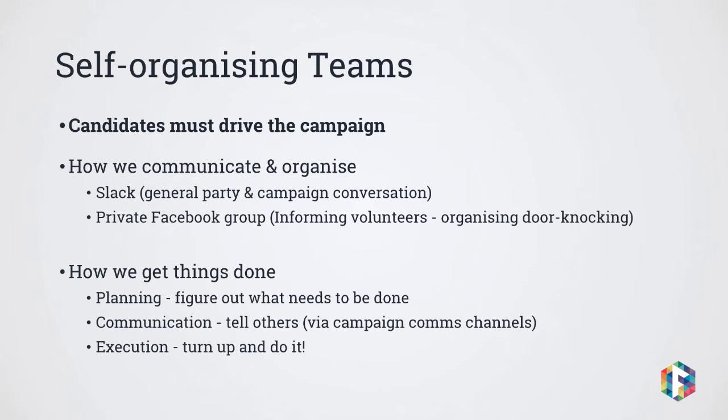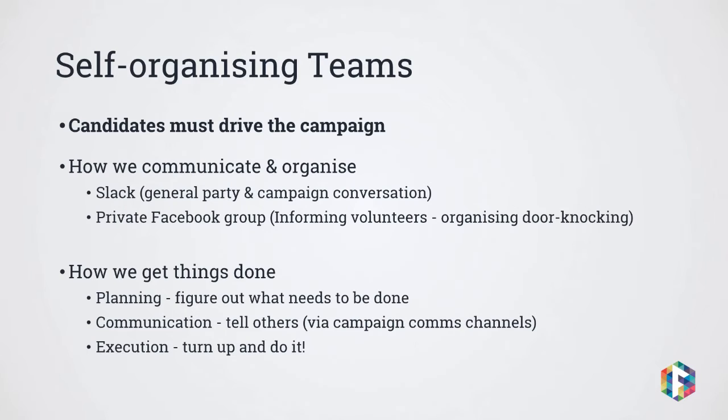When it comes to organising for the campaign, in essence, candidates must be the ones who drive the campaign. They're the ones really who will be accountable. They're the people on the ballot paper, and ultimately the success of the campaign is on them. There will be, of course, a team of people working together, but the candidates will be central to the campaign.